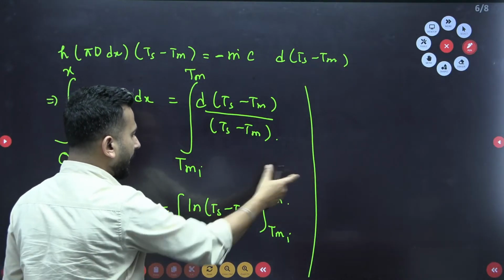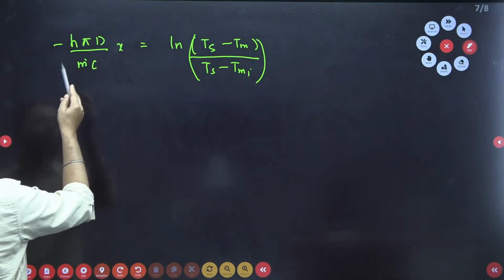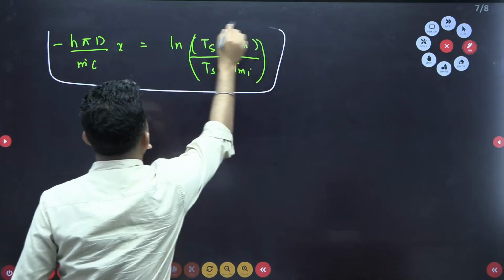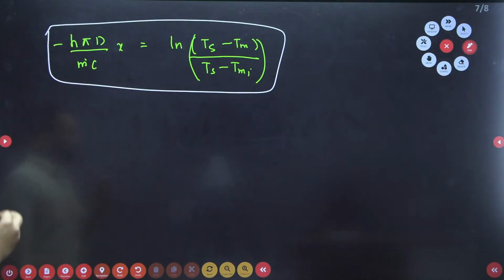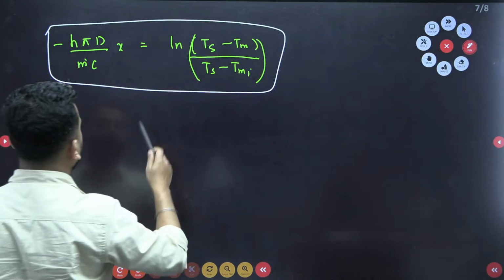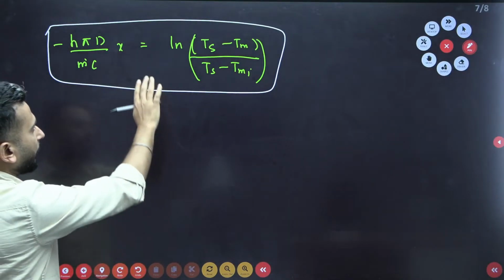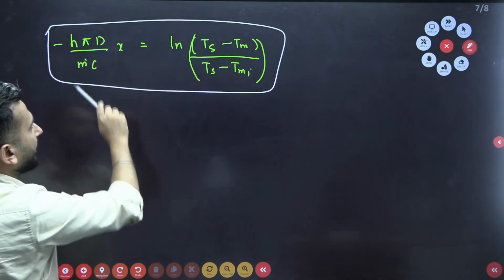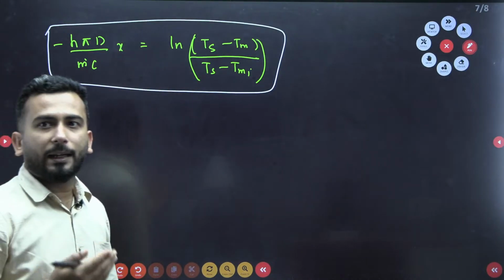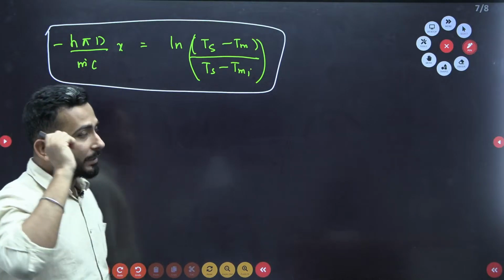The purpose of this analysis was just to show you how the temperature is varying. I am not going further; from here I can say how Tm is varying with x.